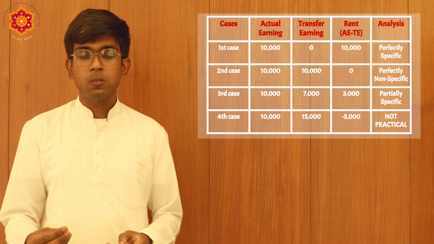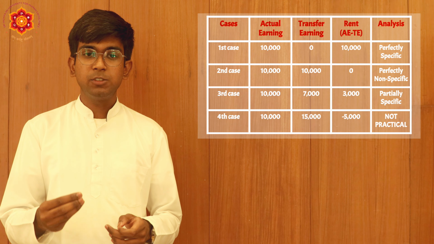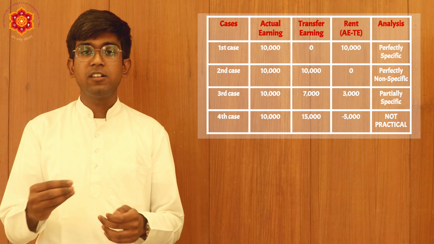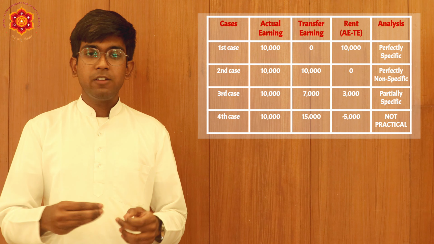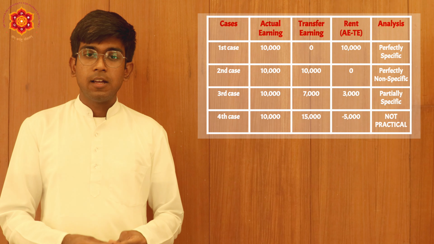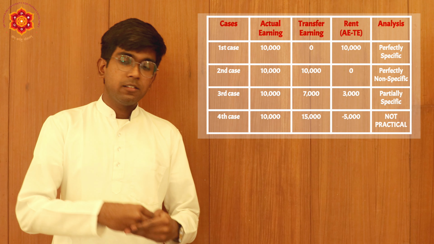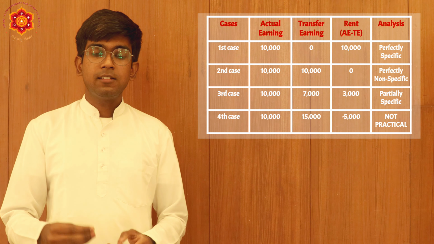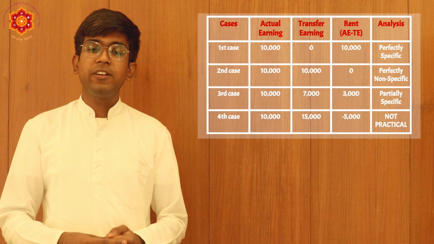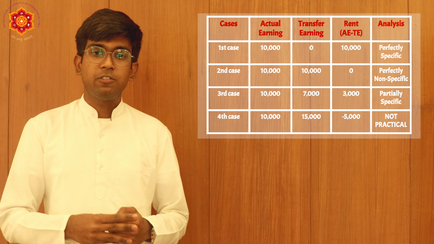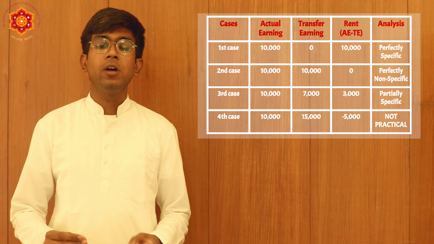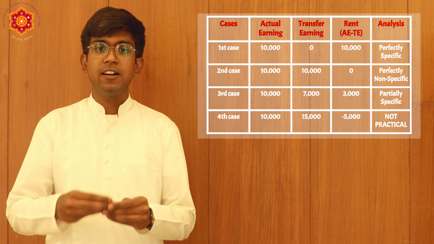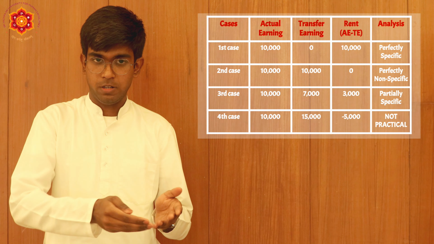As we all know, rent is the difference between the actual earning and transfer earning of a factor of production. So, the rent will be 10,000 rupees. This is an example of a perfectly specific factor of production, which means that the employee cannot do any other job in any other firm except this one.